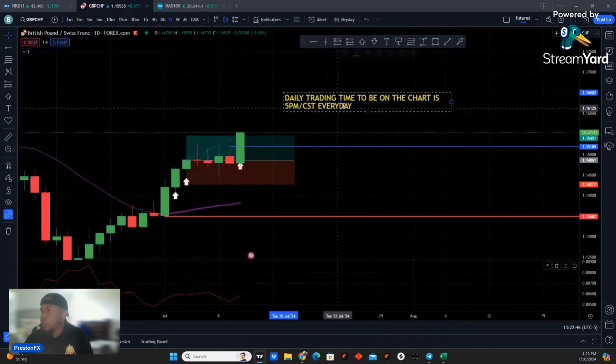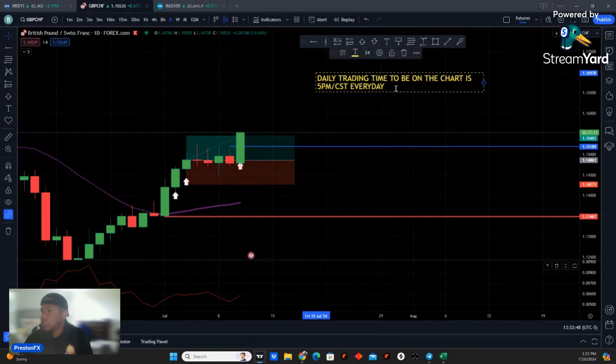So the strategy is this. What I do is I look at the trend. Which way is it going, bullish or bearish? Once I figure that out, it's bullish now.